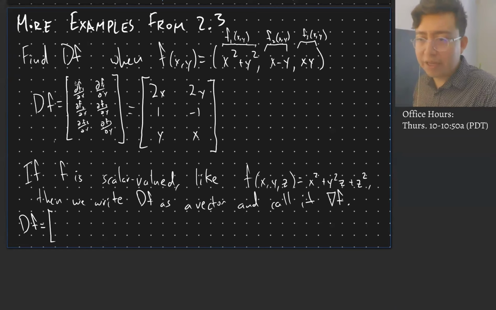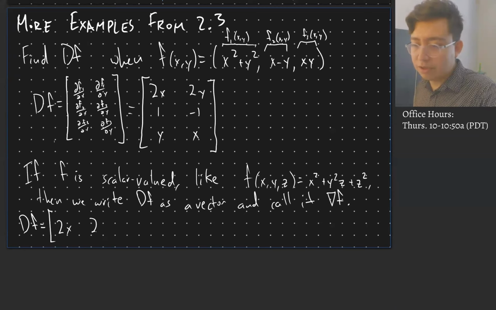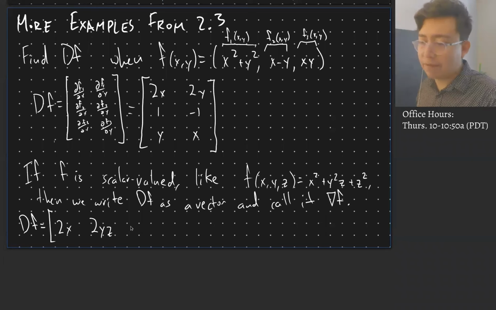So this should be df/dx, df/dy, df/dz. Here we have 2x, and then 2yz. I'm just taking the partials of this whole thing. And with respect to z, only two of these terms depend on z, so we have y squared plus 2z.